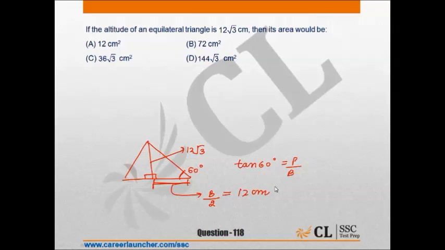If half of the base is 12 centimeter, then the base is equal to 24 centimeter. And the area of an equilateral triangle is given by root 3 by 4 a square. Using this formula, we get the area as 144 root 3. So our correct answer is option D.